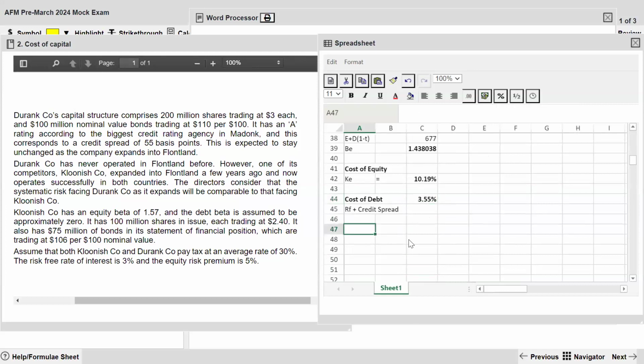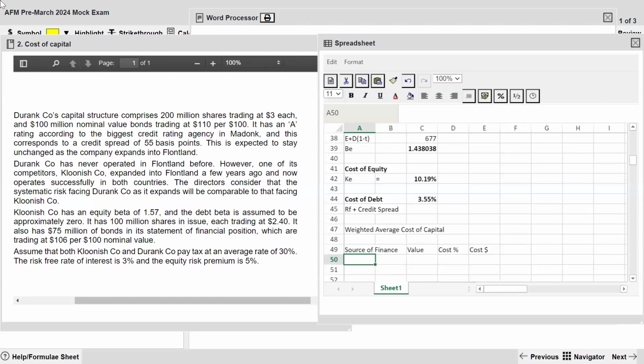Now, in order to calculate the weighted average cost of capital, we're going to say source of finance, the value, the cost in terms of percentage, the cost in terms of dollars.